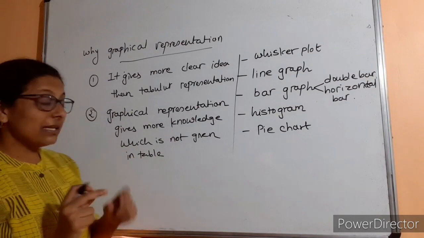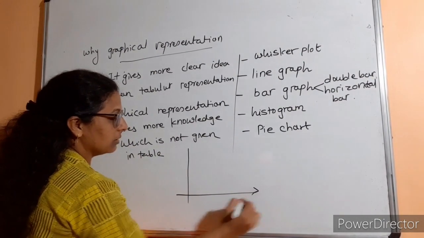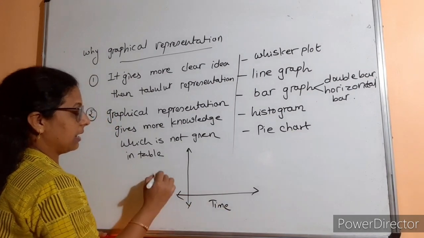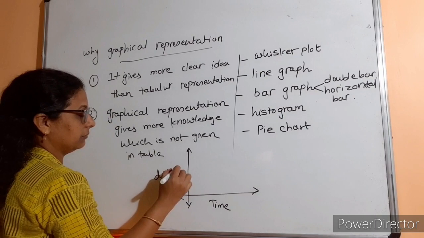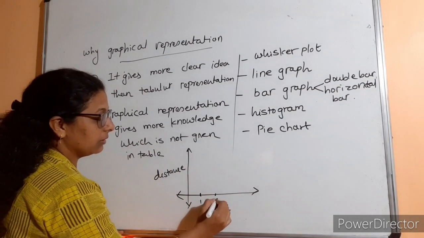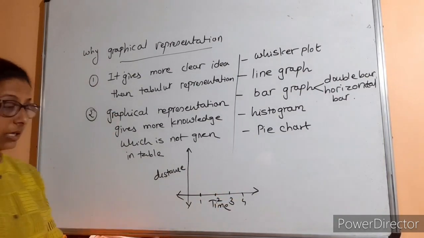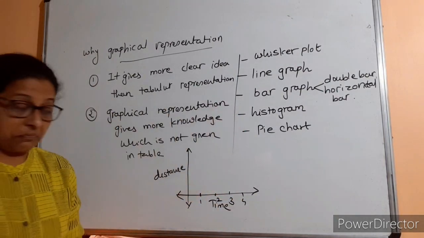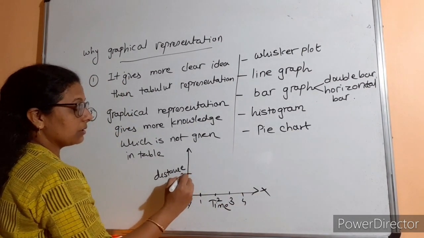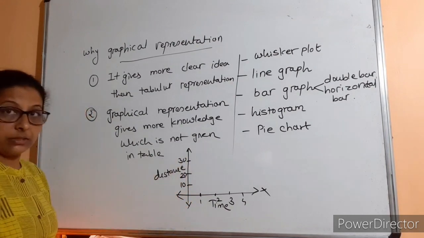For example, I will give you an example for this. Here is a time and distance graph. Here is time: 1 o'clock, 2 o'clock, 3 o'clock and 4 o'clock, that is 1 hour, 2 hour, 3 hour and 4 hour. Here distance is 10 kilometer, 20 kilometer, 30 kilometer.